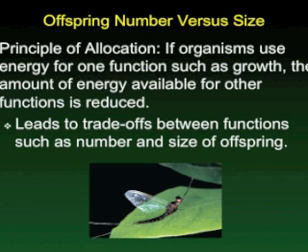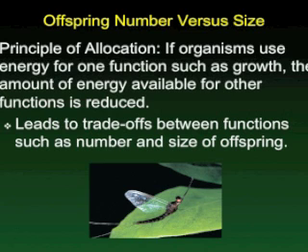In the first section of this chapter, then, talking about the number versus size of offspring, we go back to our principle of allocation that basically says if an organism devotes its energy for a particular function, then it doesn't have as much energy for another function, such as growth versus reproduction, because overall energy is limited.